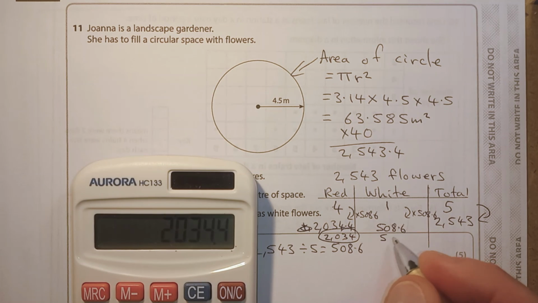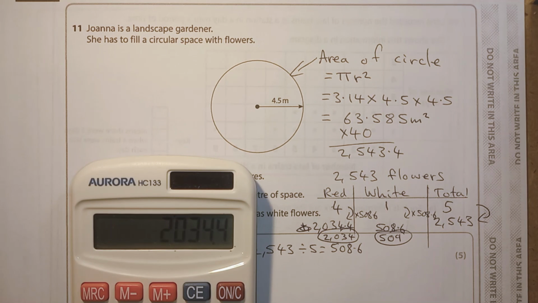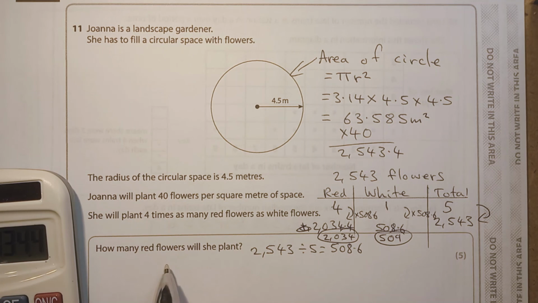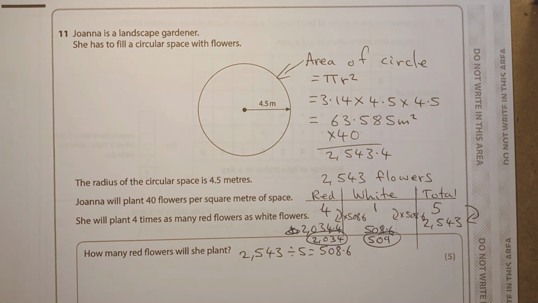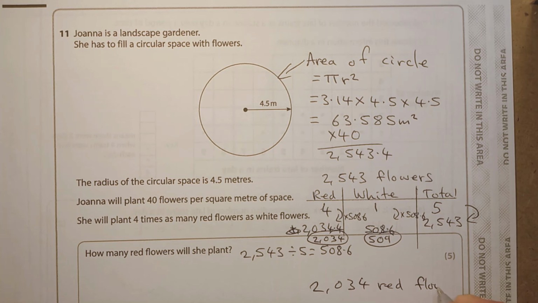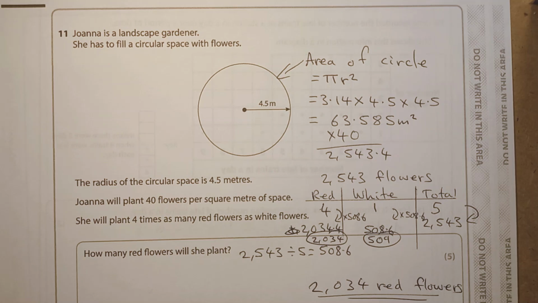And this is going to round up, so 509 white plants. But they were only asking us about how many red flowers. So we'd have 2,034. There we go.